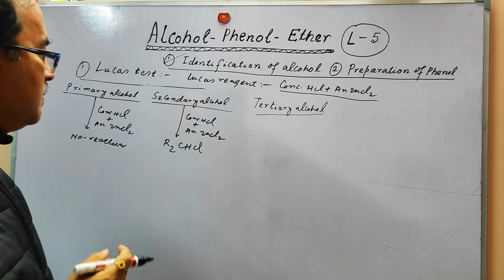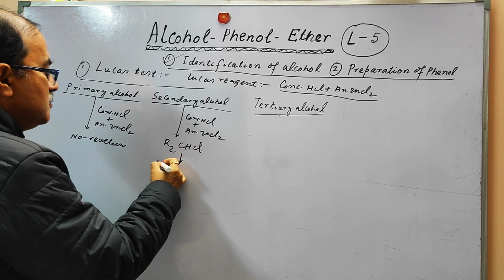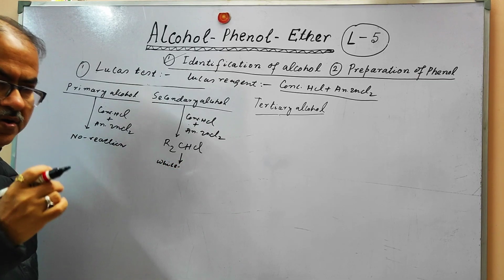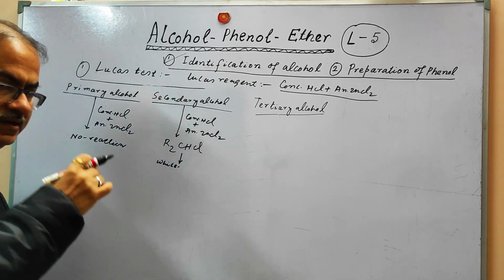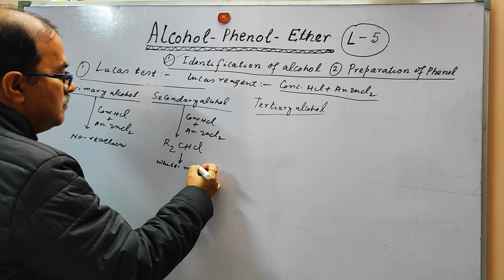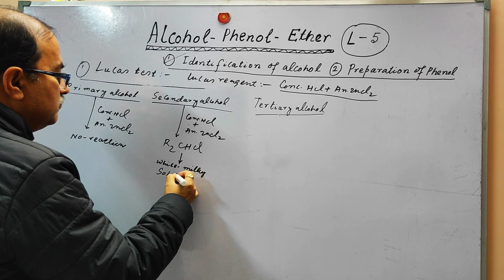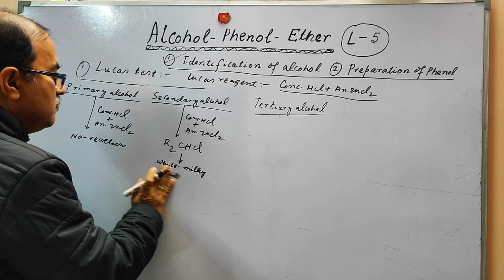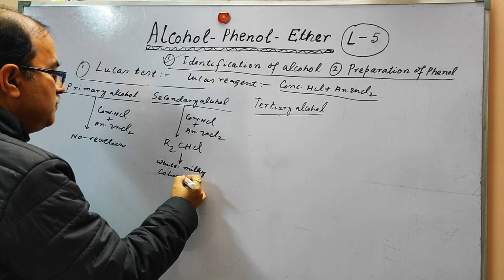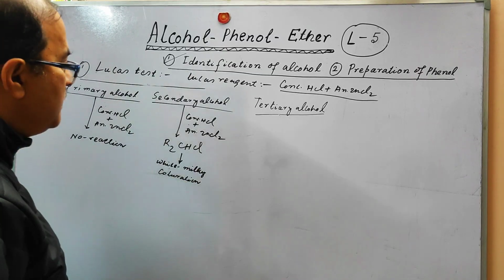When this is formed, we will find there is a change. We find a white milky coloration in the solution, and from this we are able to understand that it is the secondary alcohol.